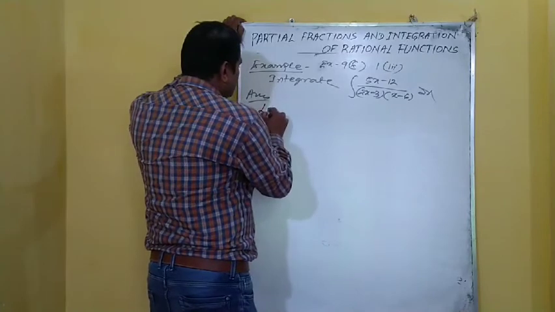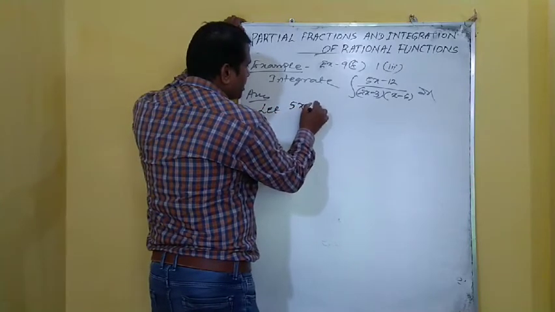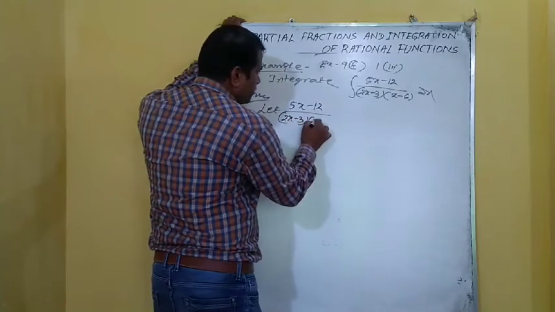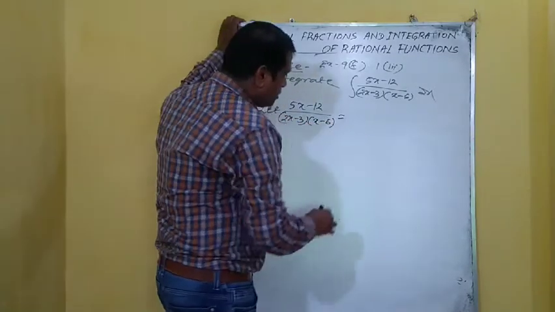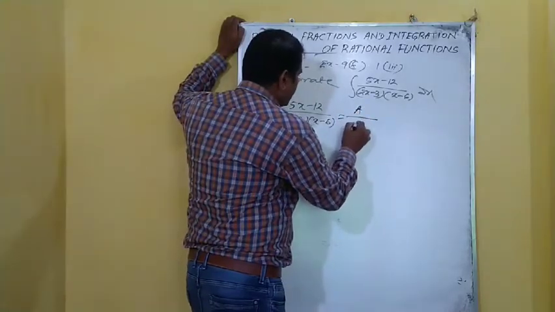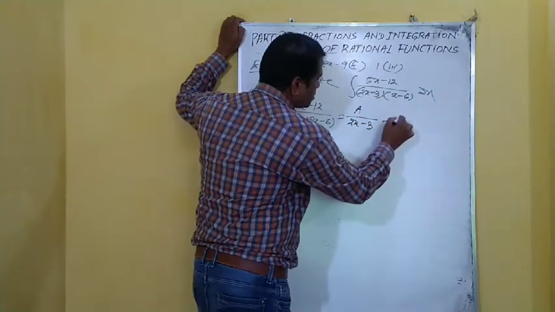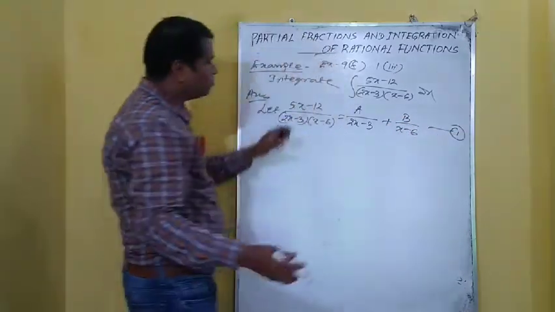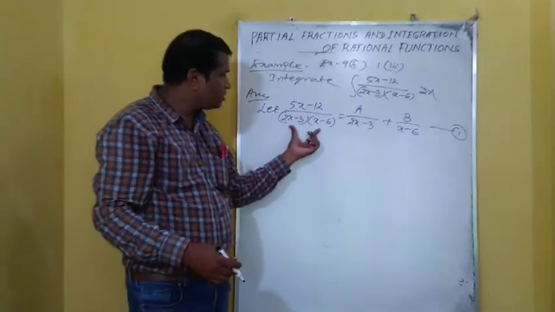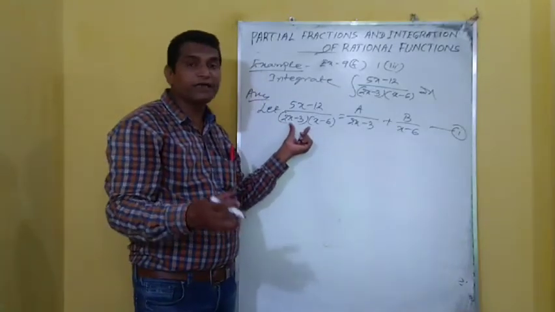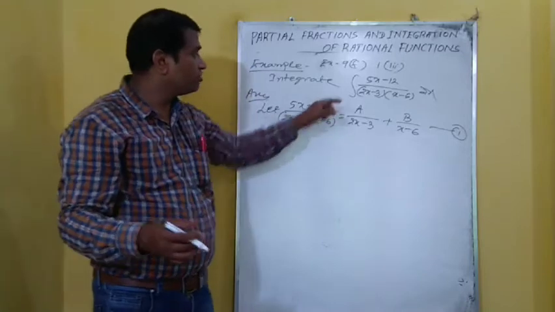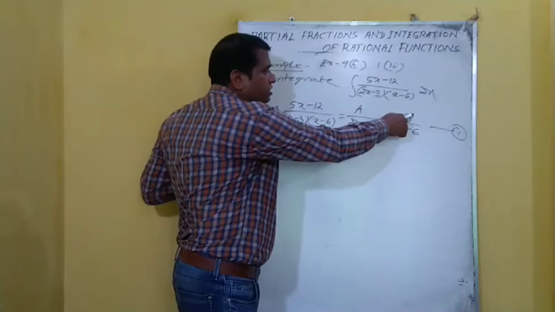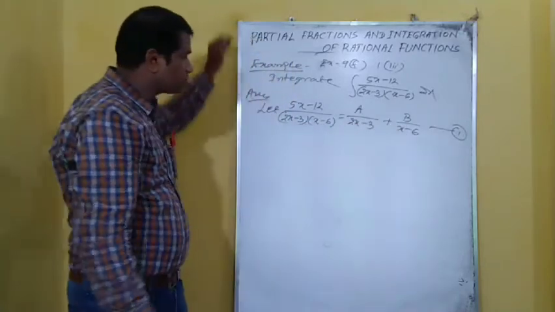So first we write, let (5x minus 12) by (2x minus 3) whole into (x minus 6) be equal to A by (2x minus 3) plus B by (x minus 6), equation 1. Here the denominator q of x has non-repeated linear factors, so we write it in the form constant by one factor plus a constant by the other factor.